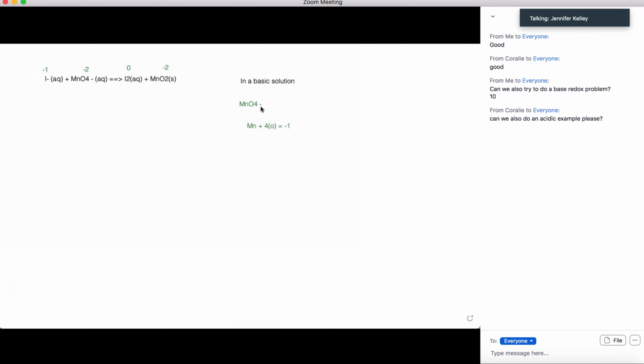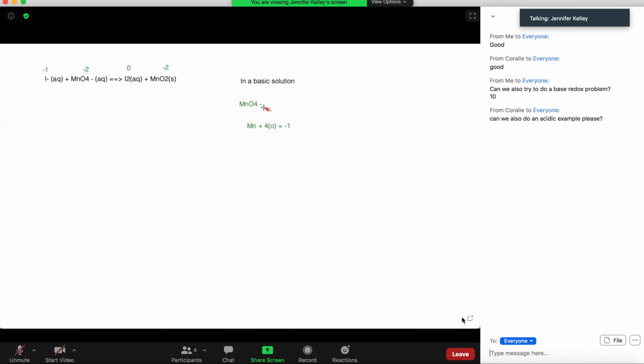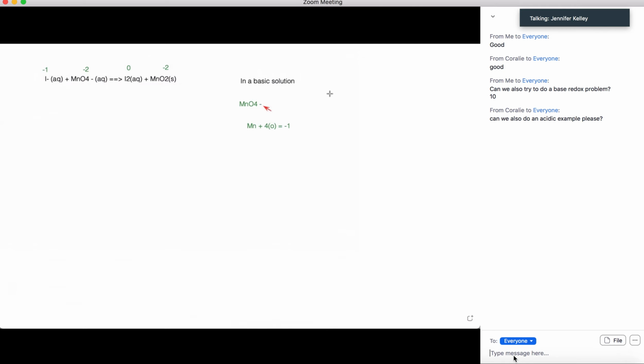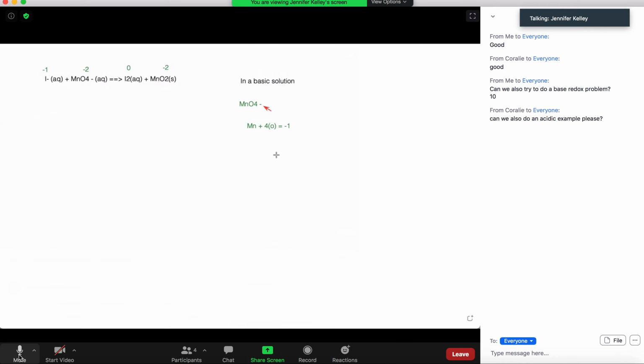Now the -1 is coming from this negative charge right there. So the whole thing has to add up to whatever the molecule or ion's charge is. So far we've been using a lot of neutral stuff, but in this case it's an ion.